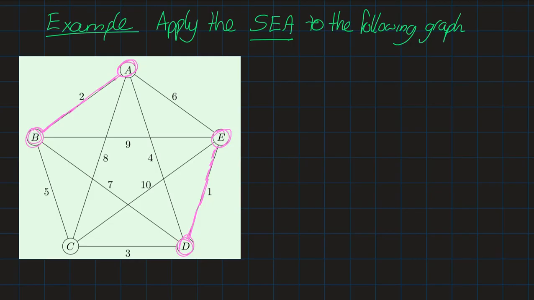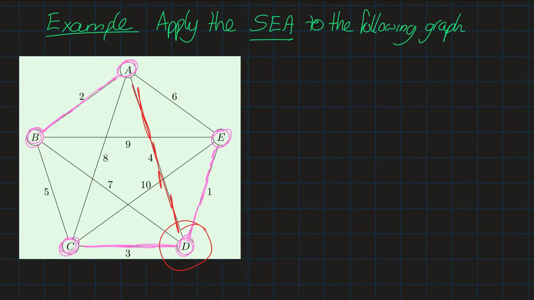So I look for the next shortest edge, which is probably going to be this 3. So this is perfectly permissible, so I draw it like that. Now I look for the next shortest edge. Well, the next shortest edge is this 4, but this edge here is not permissible because this vertex already has two edges coming out of it.